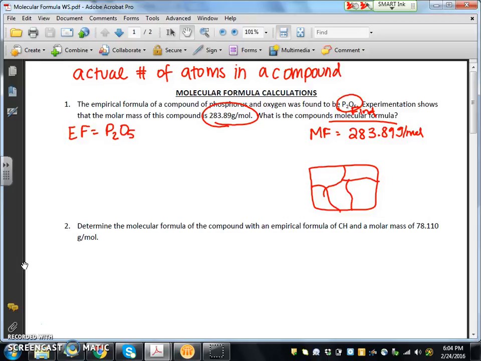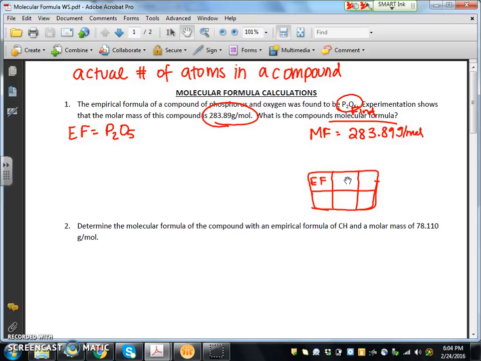Now, in a molecular formula, instead of having several different shapes of pieces, it would be as if a puzzle had exactly the same pieces. They all looked identical. Now, the puzzle would be boring, but it's a little more relative to our conversation. Imagine that molecular formula is the entire puzzle, and each piece is our empirical formula.